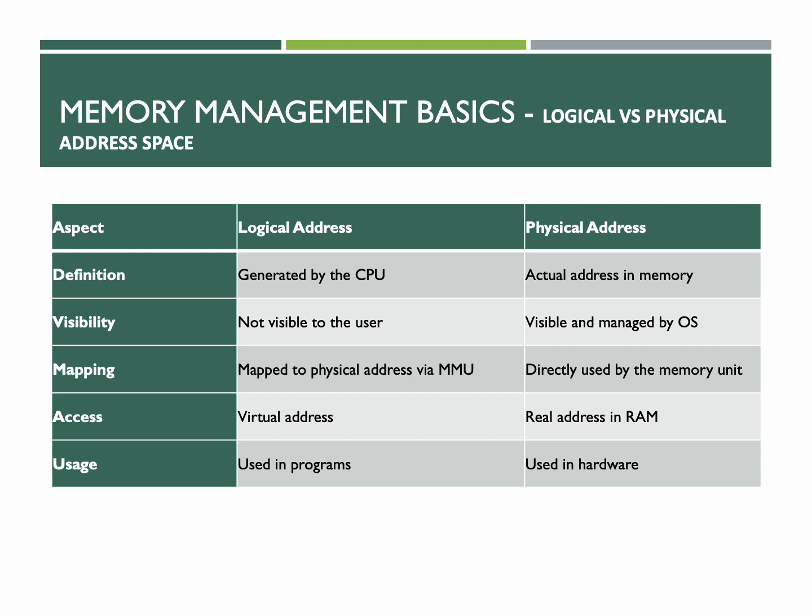So, to conclude this, we can say that logical addresses simplify programming and ensure isolation between processes, while physical addresses represent the real locations in RAM. The MMU bridges the gap between these two types of addresses to enable smooth memory management.